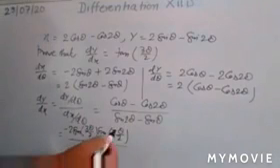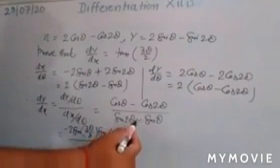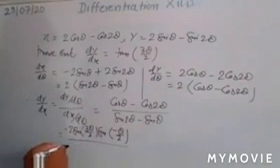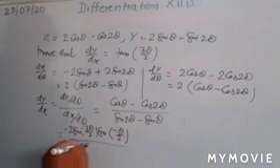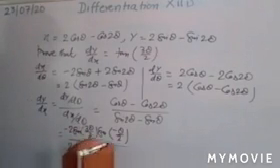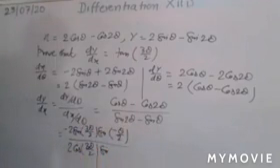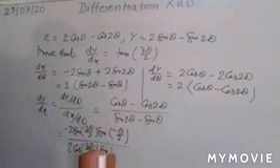In the same way, applying the formula for sine A minus sine B, you have 2 cos (A plus B) by 2, so 2 cos 3 theta by 2, and sine (A minus B) by 2, so you have theta by 2.